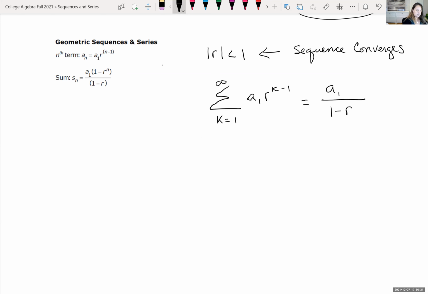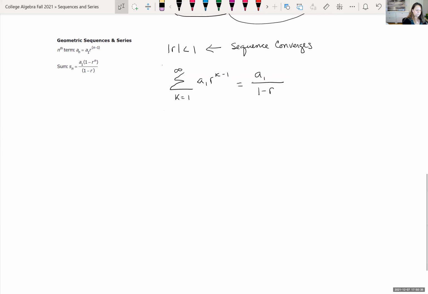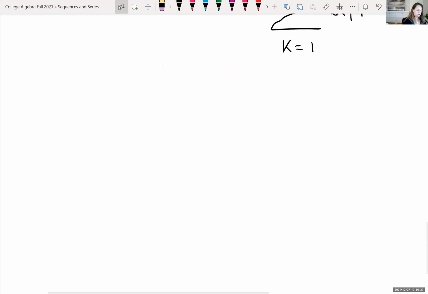So let's look at one example. Find the sum of the following.